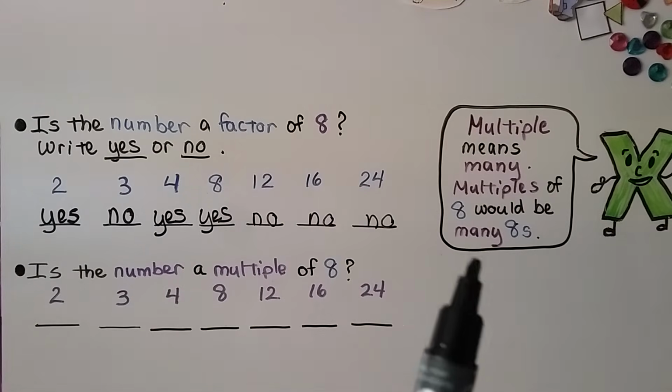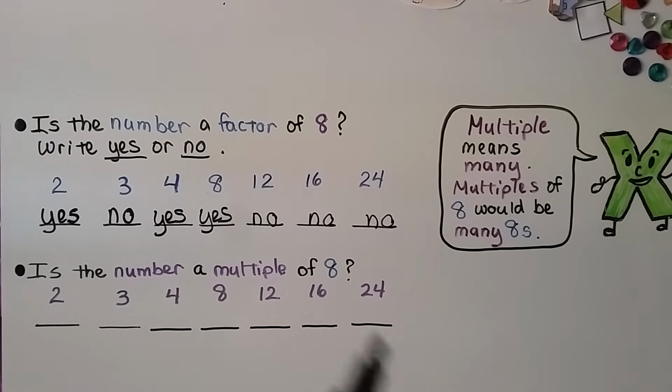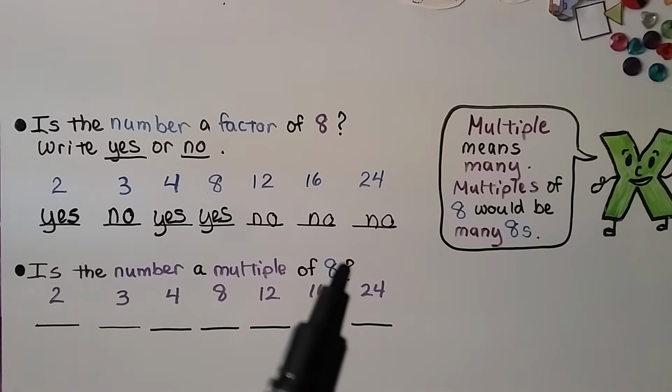Now, multiple means many. So multiples of 8 would be many 8s. So is the number a multiple of 8? Is 8 a factor of one of these numbers? That's another way we can ask. 8 times something is not 2, so that's a no. 2 is too small.